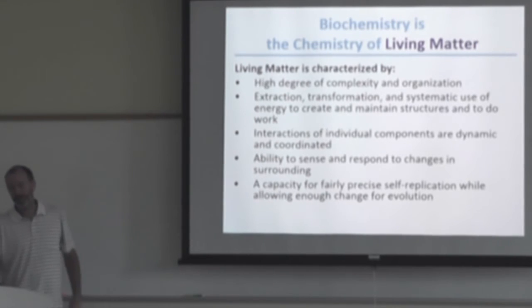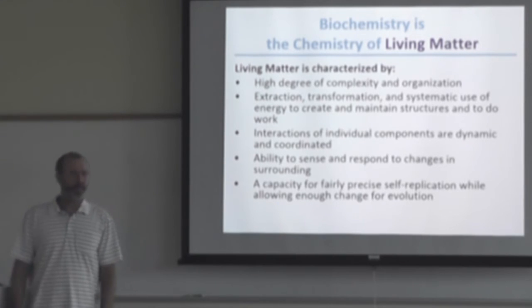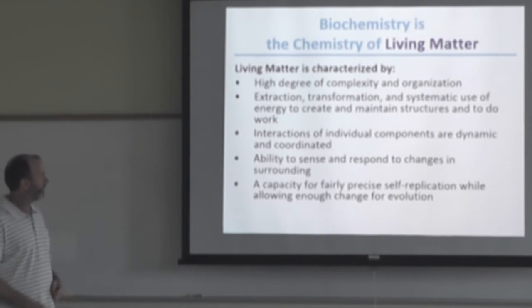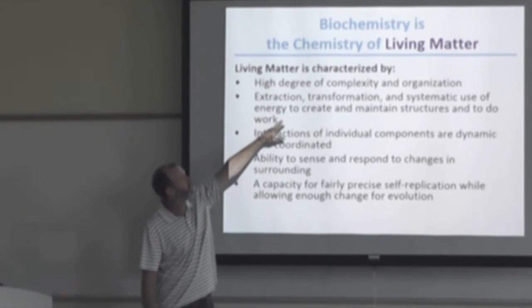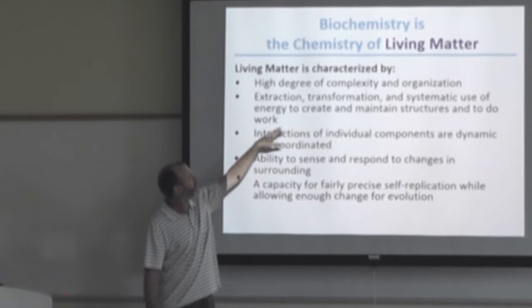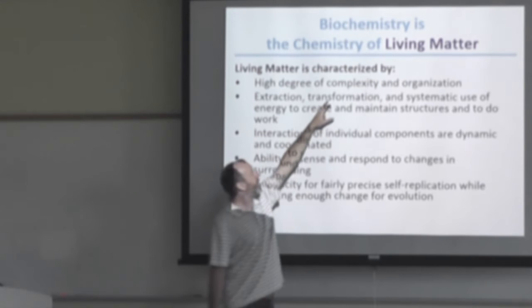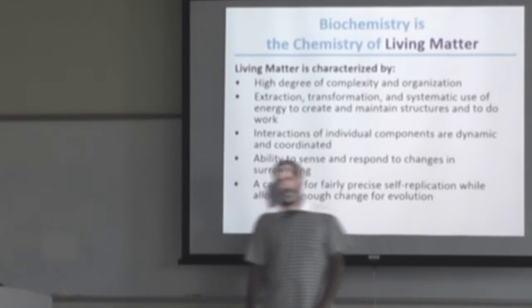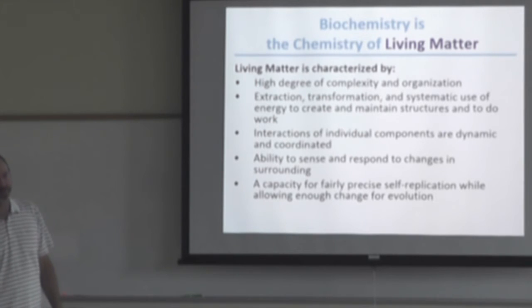Biochemistry is the chemistry of living matter. It's a high degree of complexation and organization. So, in extraction, transformation, and systematic use of energy to create and maintain structures to do this work. So, if it's highly complex and organized, do you guys remember thermodynamics in general?